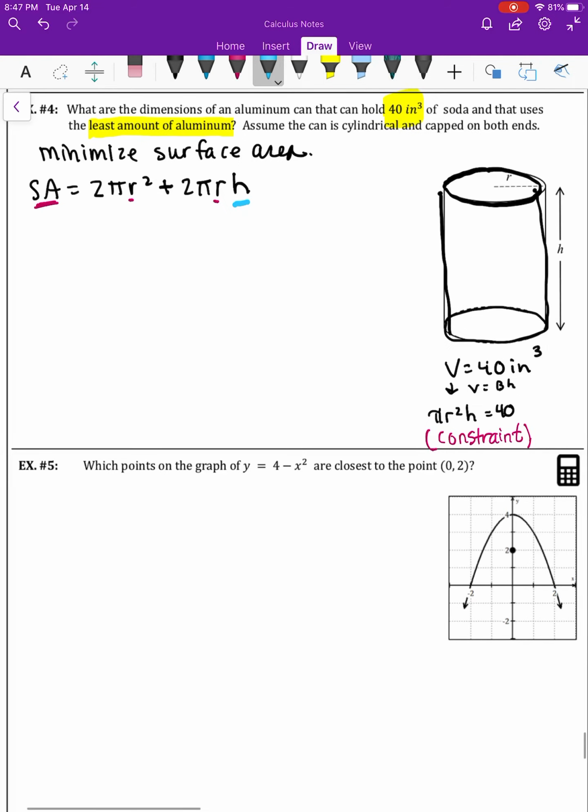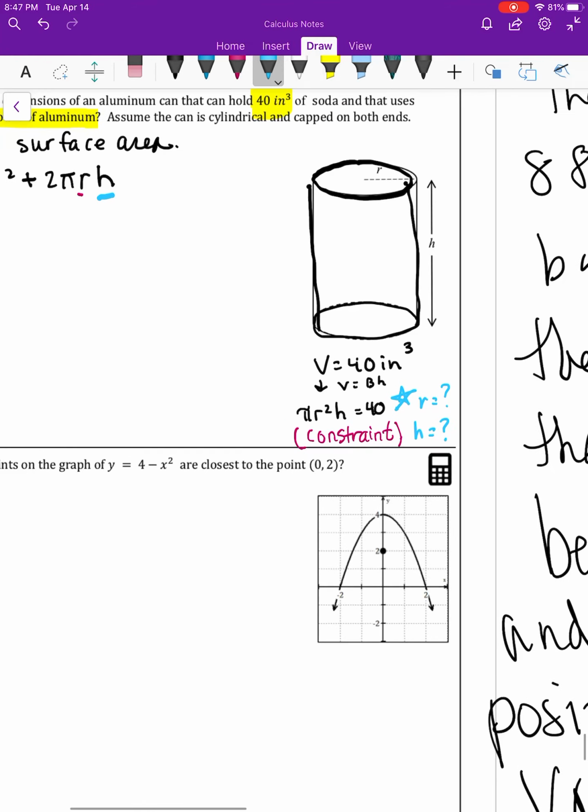So they want us to tell them the dimensions of the can. So we're going to have to tell them r and h, but we have to decide, are we going to solve this equation down here for r or are we going to solve it for h? So we have to decide that. Now think about both of those scenarios.